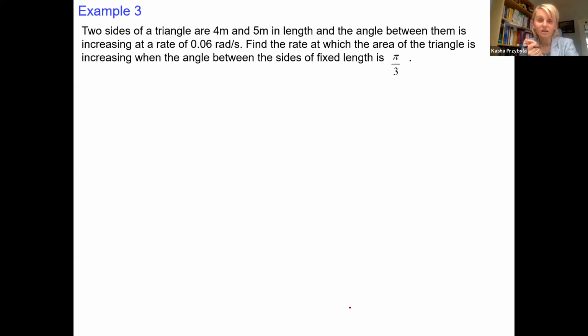Find the rate at which the area of the triangle is increasing when the angle between the sides of fixed length is pi over 3. That means we have to find how the area is changing at the moment when the angle is pi over 3, 60 degrees.